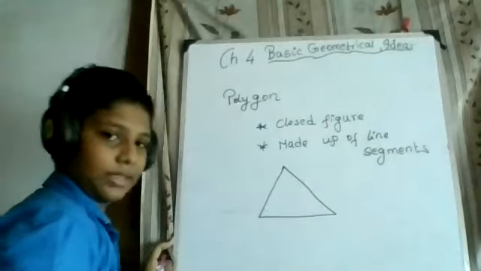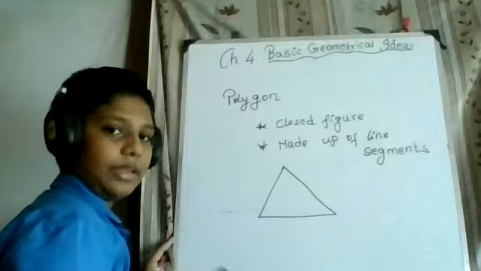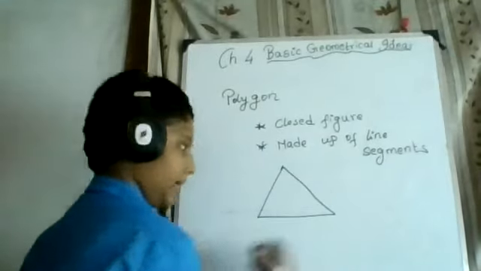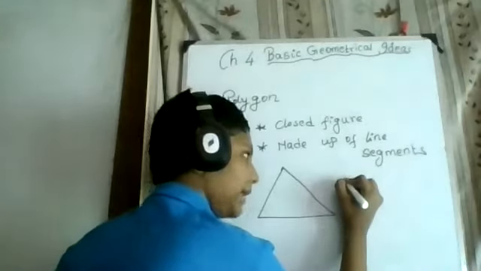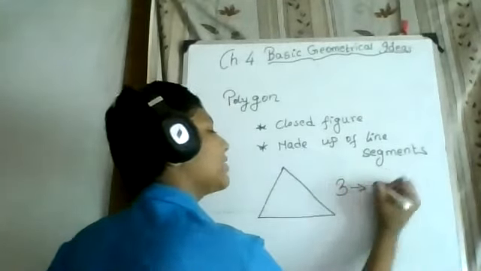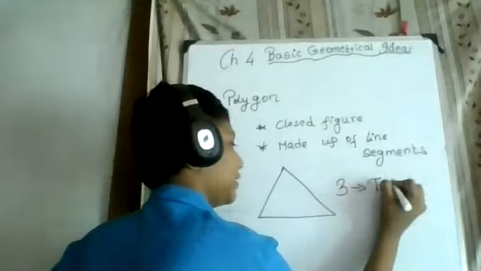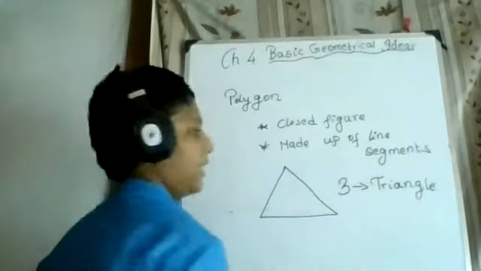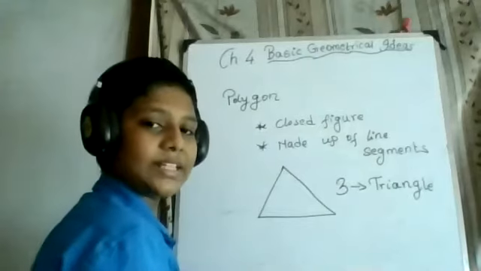It is a closed figure, and it's made up of line segments. A polygon made up of three line segments is known as a triangle. This is the smallest polygon.